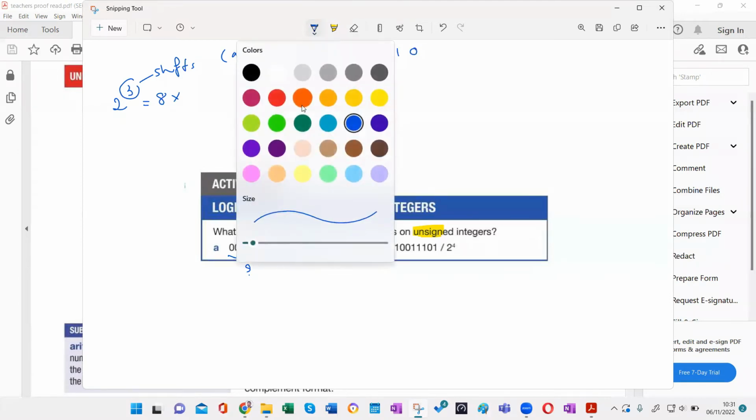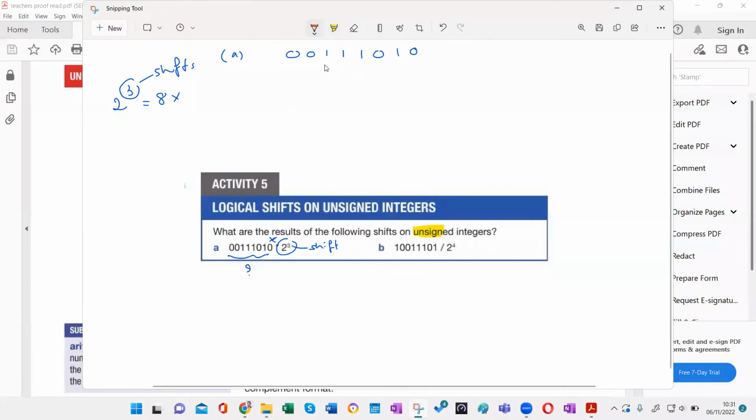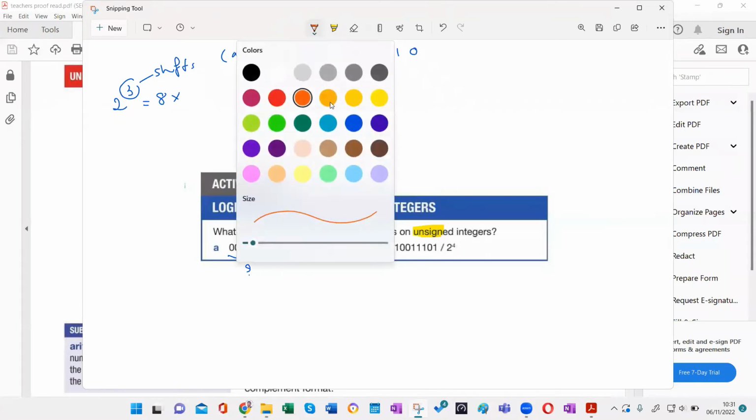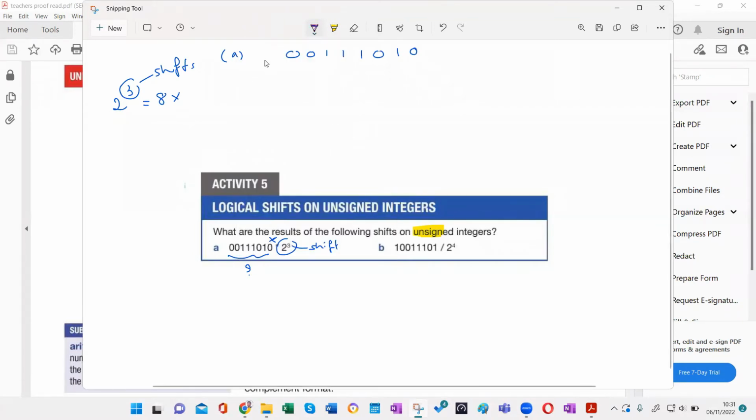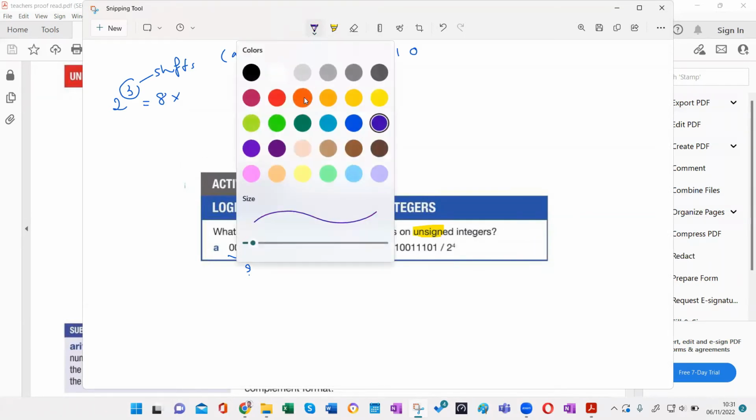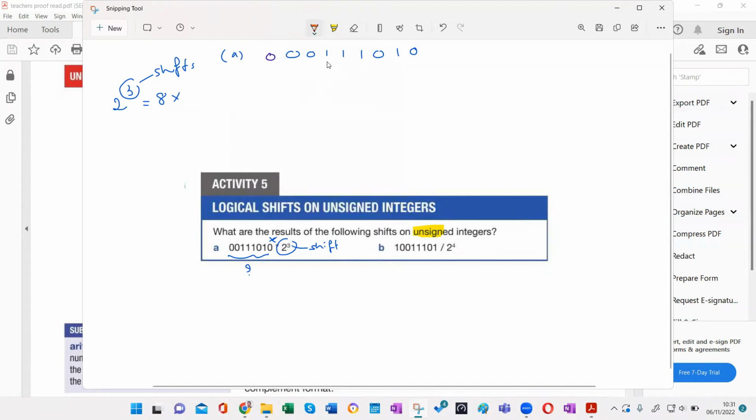As I told you, just move the first bit. That's enough. We need another 0, no? Right, take this 1 and shift it 3 places to the left. 1, 2, 3.